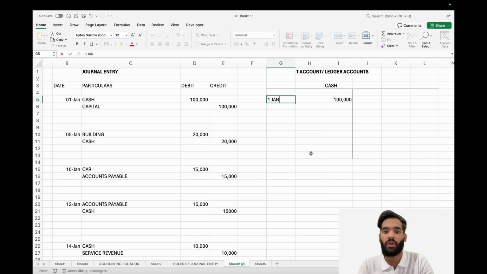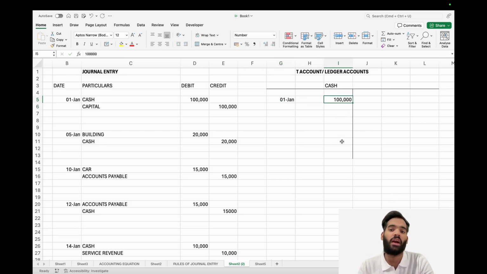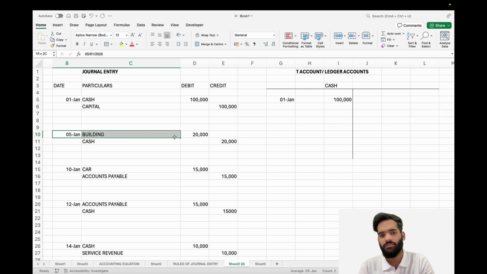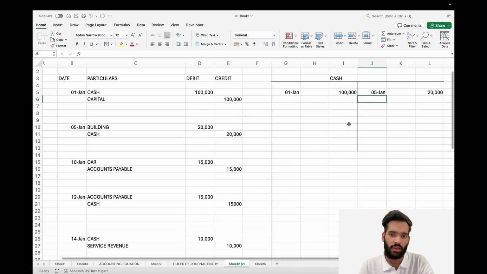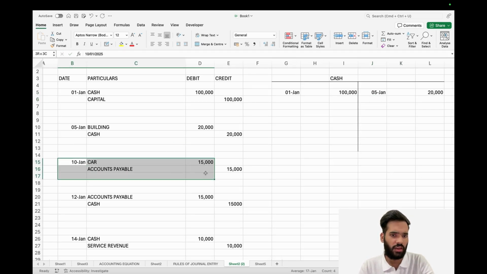So in this case, I'll write 1st of January, we debited $100,000 in cash. This left side is the debit side and the right side is the credit side. Okay, second transaction. In this case, cash is a credit. So on the credit side, I'll write $20,000, and the date is 5th of January. Awesome. Third one, is there cash?